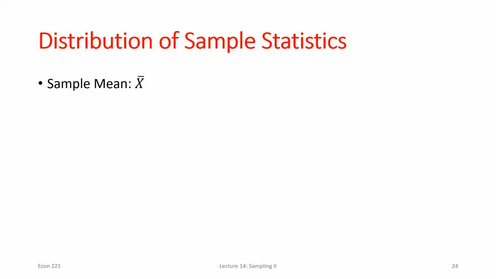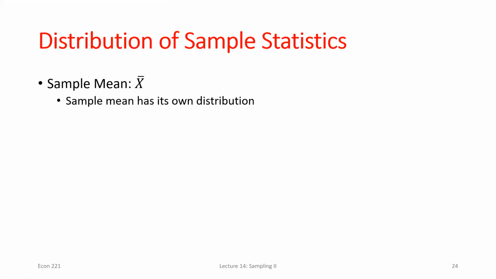So we know that there are going to be certain values for that sample mean that are more likely than others, and the more likely ones are going to be the values around the population mean. I'm more likely to see values for my sample mean around whatever that population mean is.